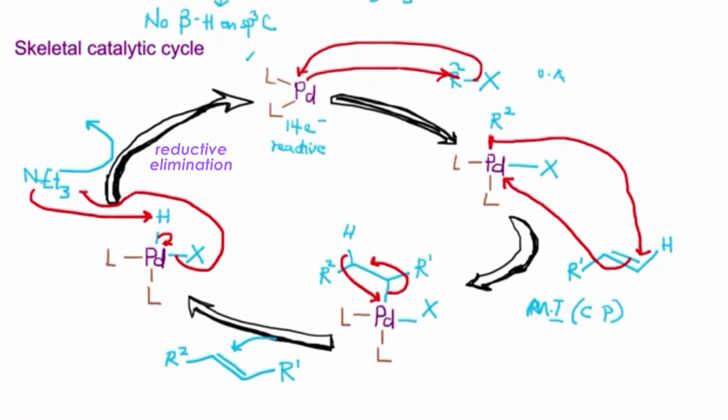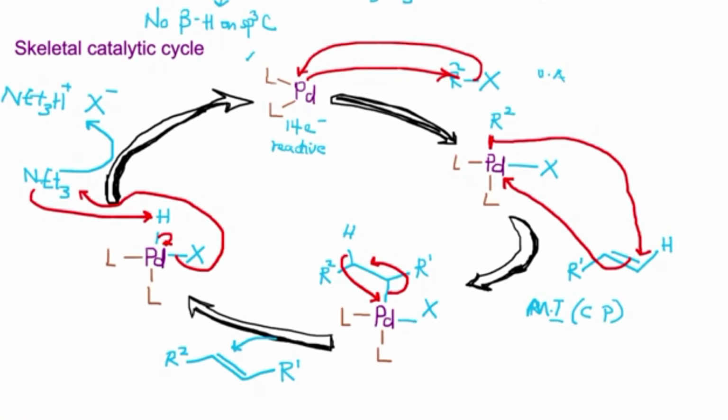As a result, we generate this with a charge on it, and then we have our good leaving group with a negative charge on it, and we regenerate our palladium, which has 14 electrons in the overall complex.